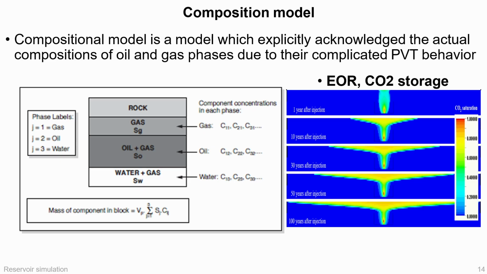Compositional modeling is essential for gas condensate reservoirs, miscible gas injection, and CO2 storage projects. It can represent how different components partition between gas, oil, and water phases over time. This makes it more physically realistic for complex systems, although also more computationally demanding. So again, the engineering choice depends on the problem.